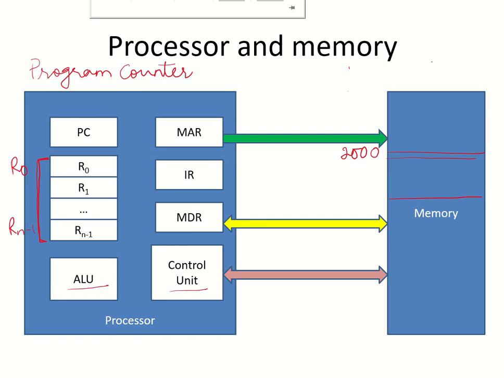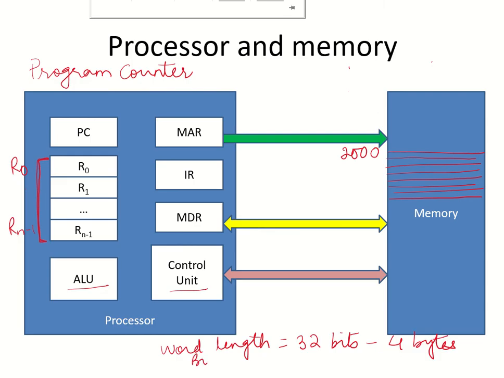Now all these instructions are in machine language form. I'm assuming that the word length for this machine is 32 bits or 4 bytes. I'm assuming that this is a byte addressable memory, so that means each byte has an address.